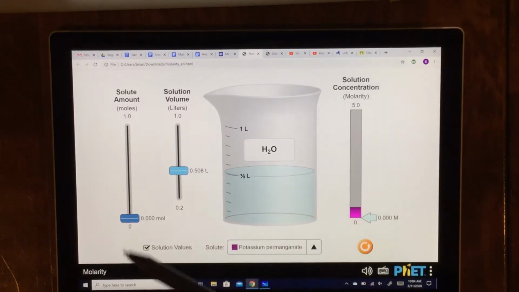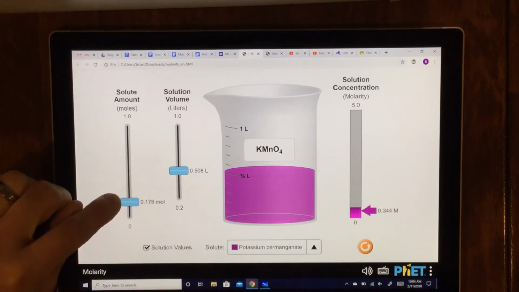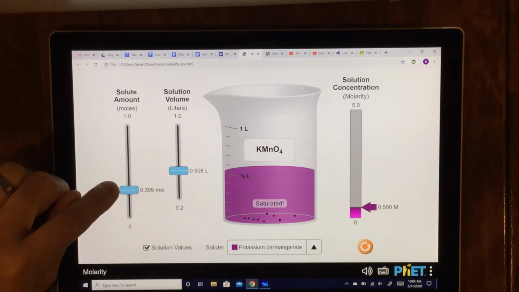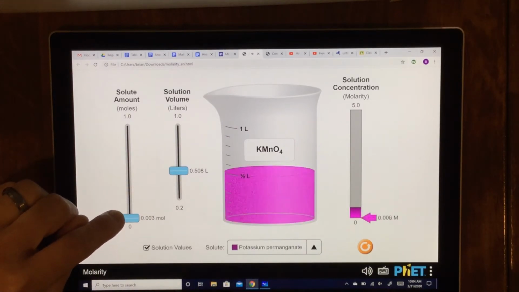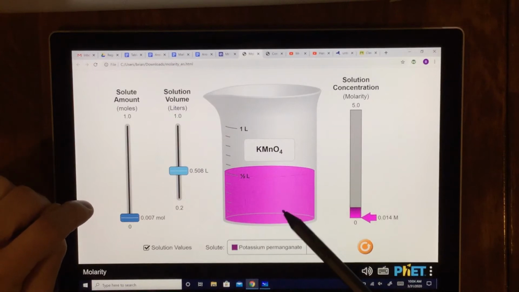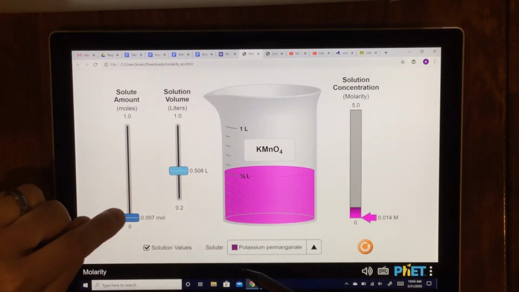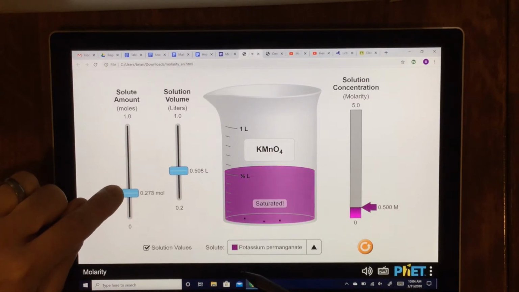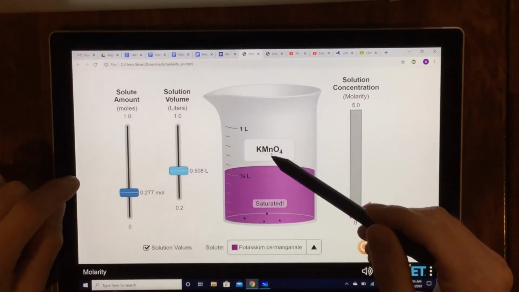Concentration. If I increase this slider and I start adding solute to this, eventually it's saturated, meaning no more will dissolve. Look what happened to the color, right? If I add a little tiny bit, it's that lightish, pinkish purple. If I keep adding solute, it gets darker because I'm adding more solute.